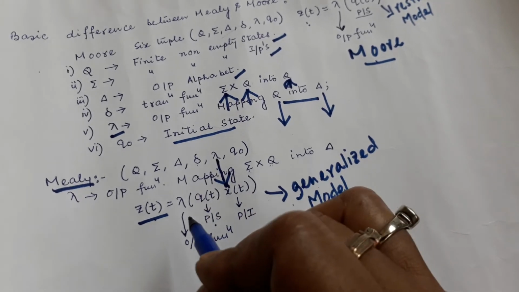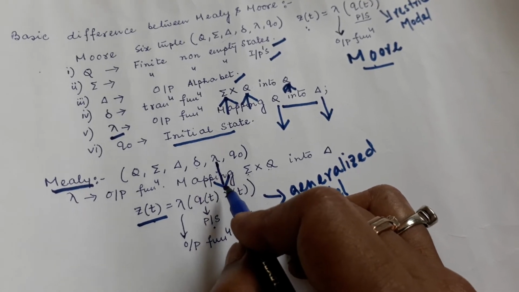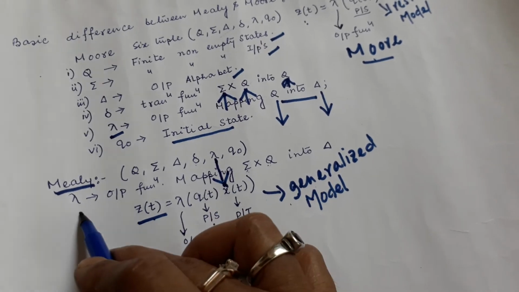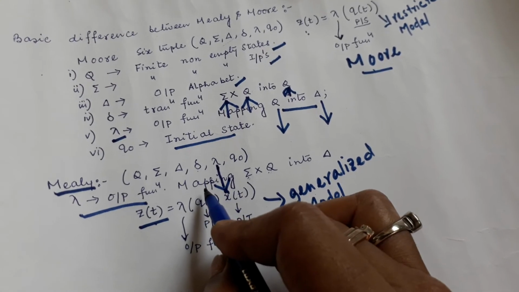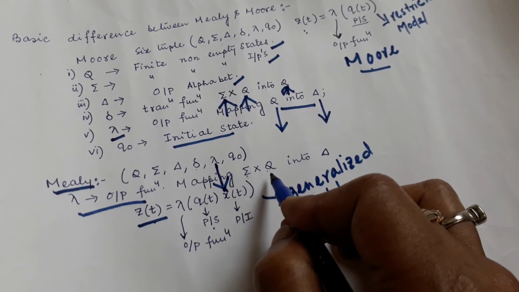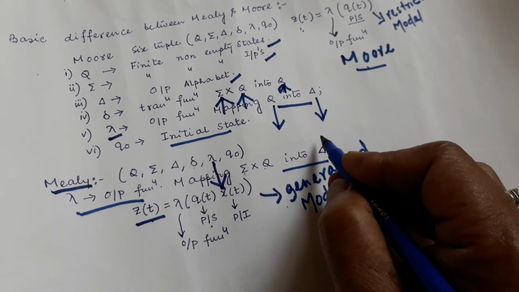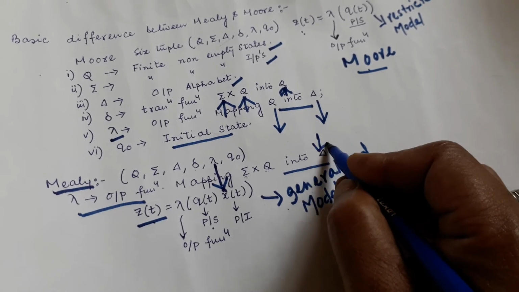Sorry, this is the lambda over here. This lambda is the output function in this case. The lambda is the output function, which maps Q into sigma into delta.